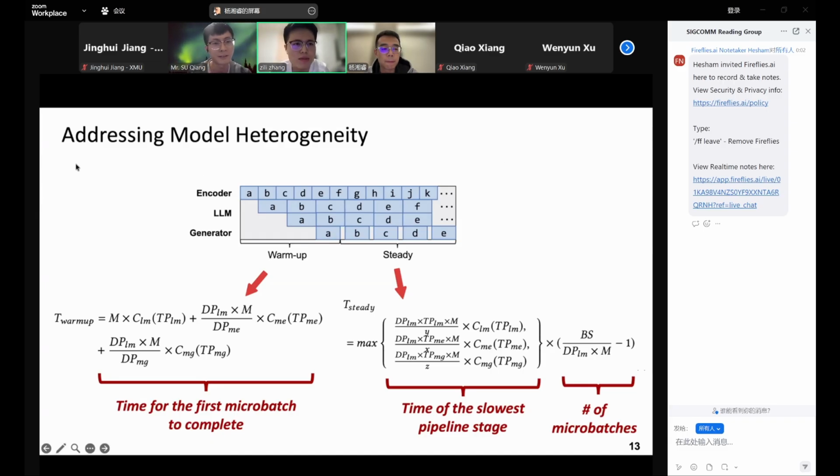I think in production it's very hard to cut the LLM into very fine-grained stages.